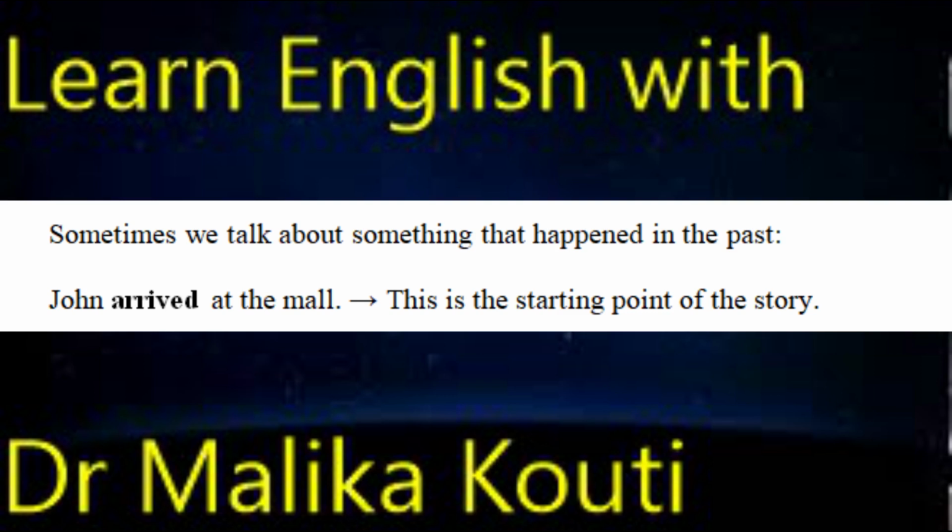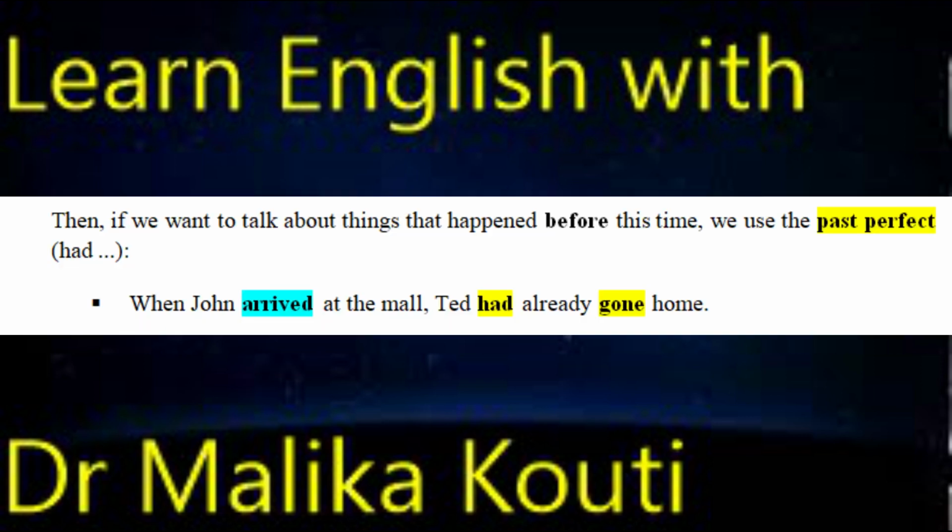This is the starting point of the story. Then, if we want to talk about things that happened before this time, we use the past perfect. Of course, had plus past participle of the verb. So we say, when John arrived at the mall, Ted had already gone home.